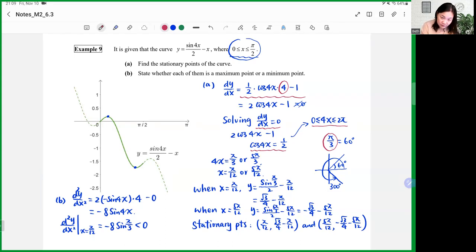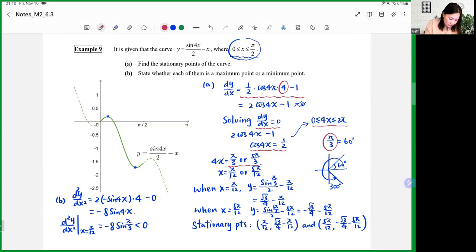Now, the reference angle is pi over 3, which is 60 degrees. If you're not completely familiar with radians, try to use radians as much as possible. We should also consider there's another angle that has the same cosine value as 60. That angle is in quadrant 4, and this angle is 300 degrees. That's why I have these two answers.